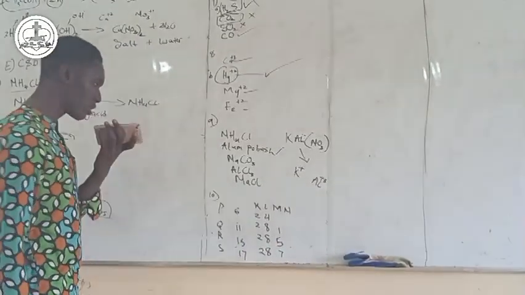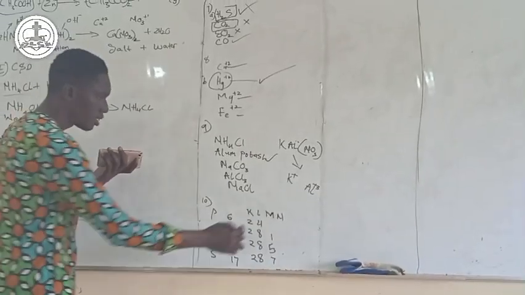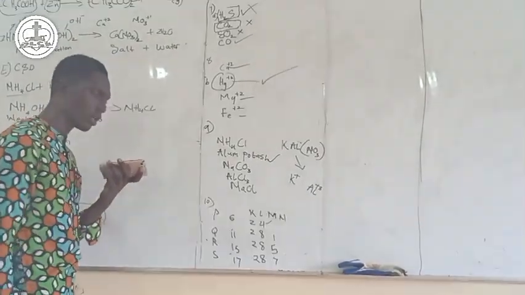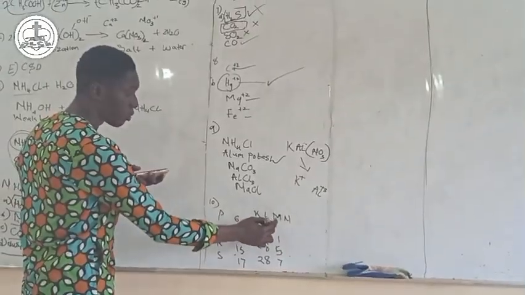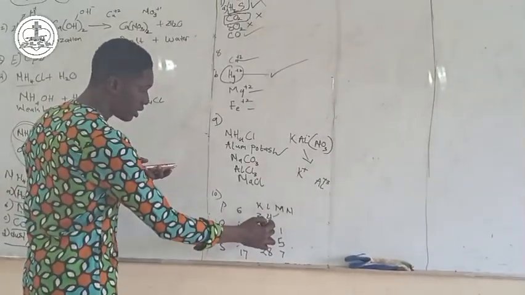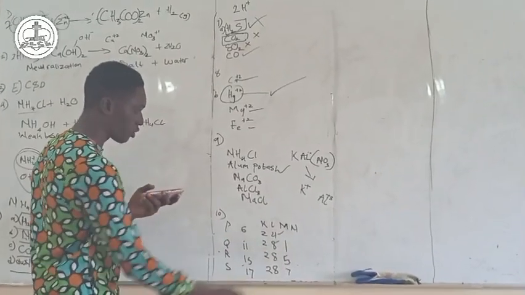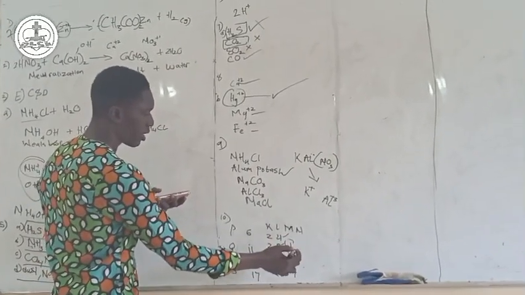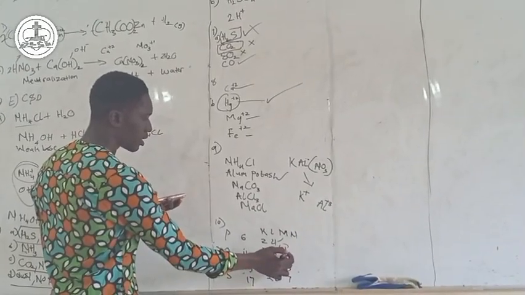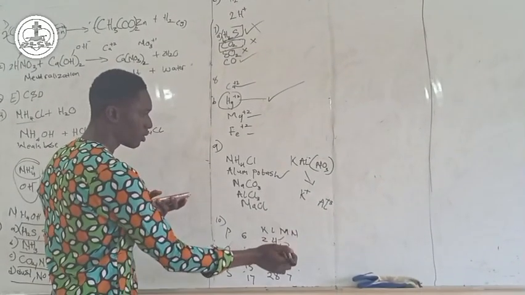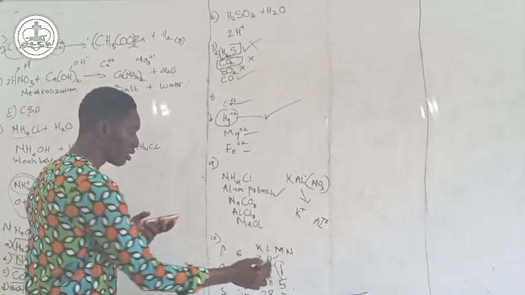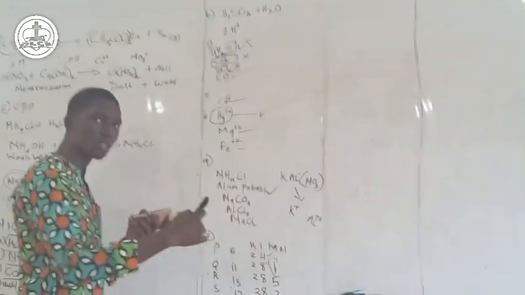So looking at this now, this can only form covalent bonds. This can form an electrovalent bond because it has just one electron in the outermost shell, so it's easy to donate.